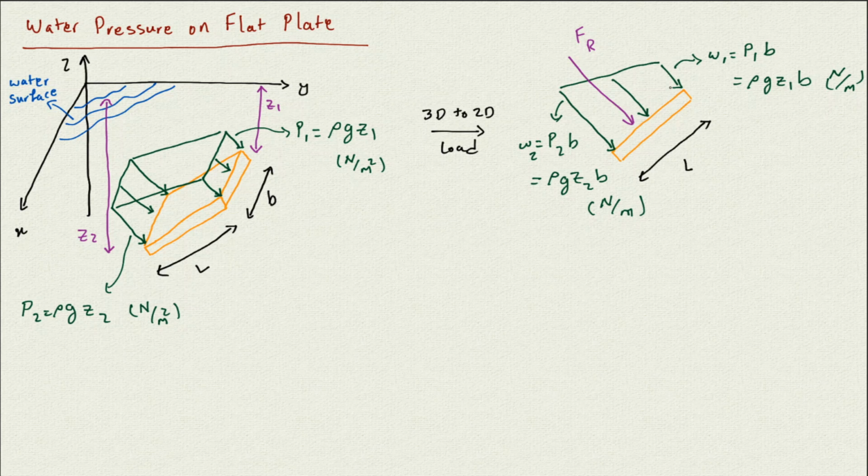We can either work it as a trapezoid, or we can always separate it into two distributed loads, a rectangle and a triangle, and then do that.